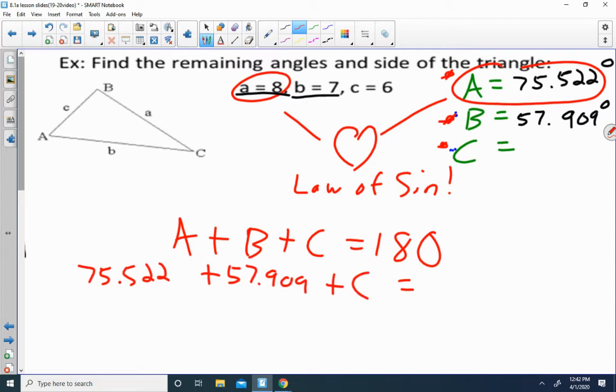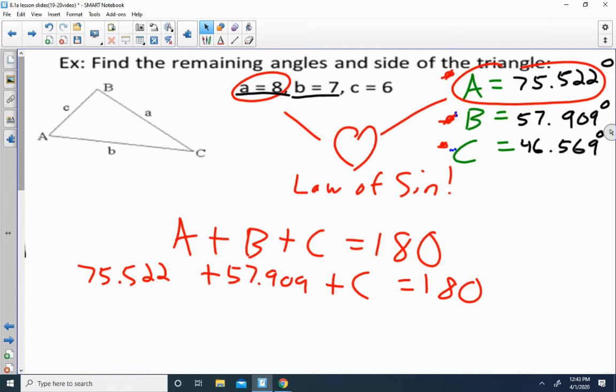Then you just need to figure out what C is to make that add to 180. And again, you guys know how to do that. And you should get that big C should be 46.569 degrees. Just going to double check that with my answer key. Yes. So there you go. That's how you solve that one.